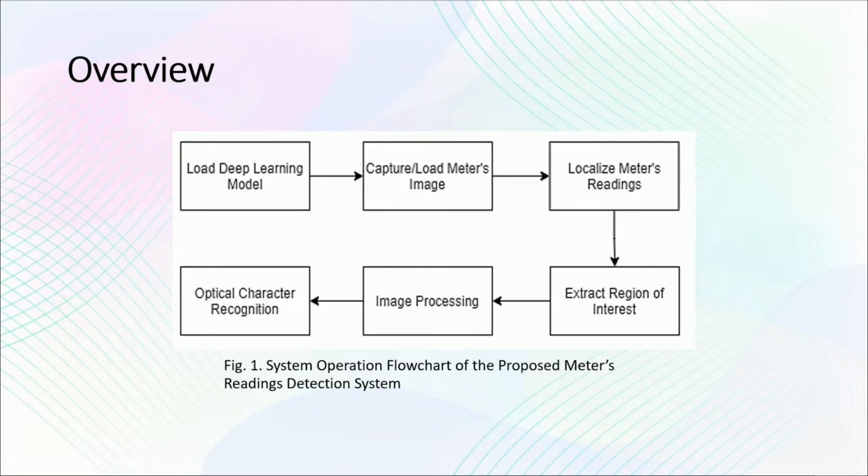The deep learning model is used to perform inference on the image to localize the meter reading area. Subsequently, the region of interest containing the readings is extracted. Thereafter, the ROI undergoes image processing for noise removal and quality enhancement. Lastly, the optical character recognition is used to recognize the digits.